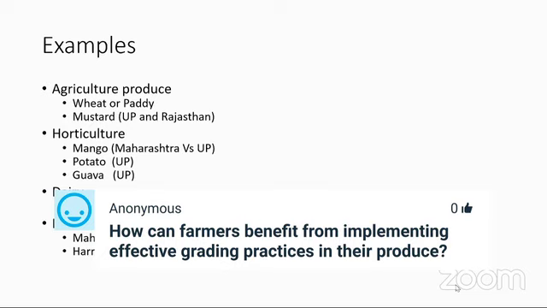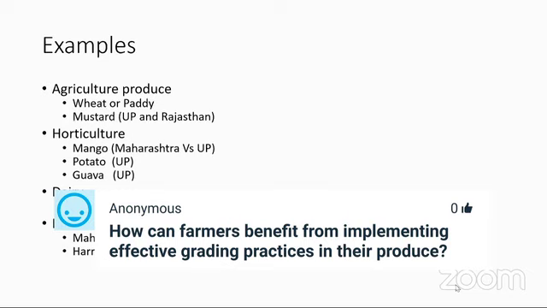Right now, if you talk to a particular farmer who is selling his entire produce to a kuchia or a local trader at the farm gate, you will realize that he is getting a price at least 25 to 30% less than the average market price, because he is not grading it properly. But if you compare him with a farmer who is grading the produce after harvesting, especially in case of horticulture products, the overall price realization will always be high.